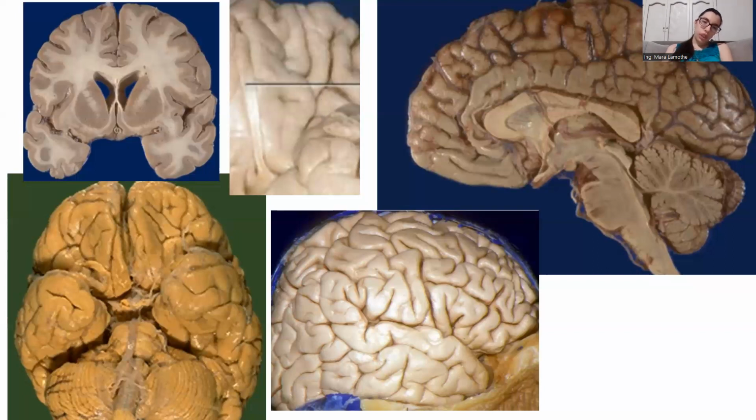And the lateral part, or lateral orbital gyrus, this one is lateral to the orbital sulcus and would be in contact with the pars, here, with the pars orbitalis.